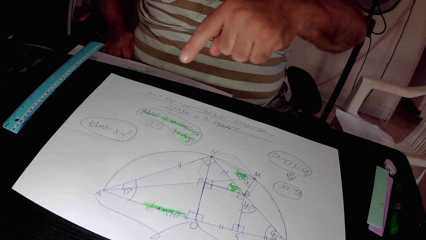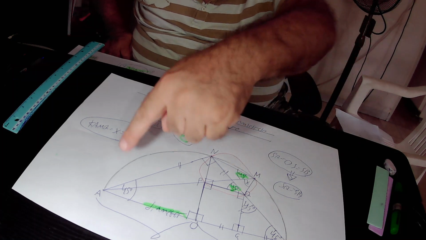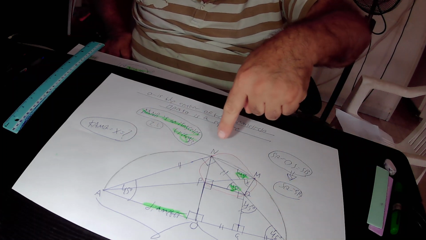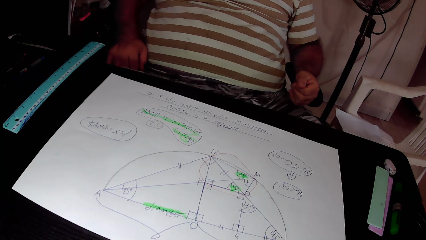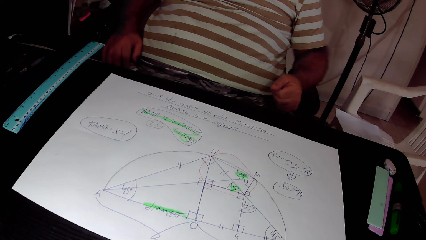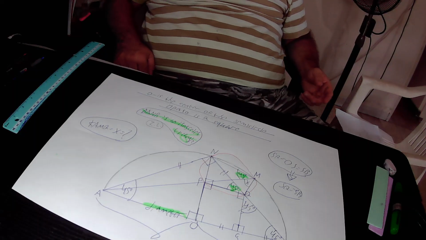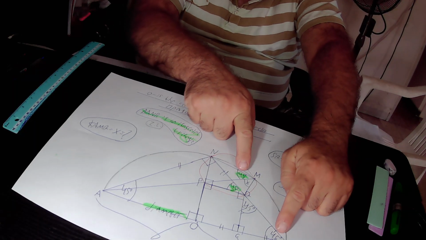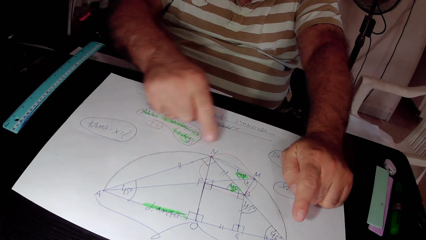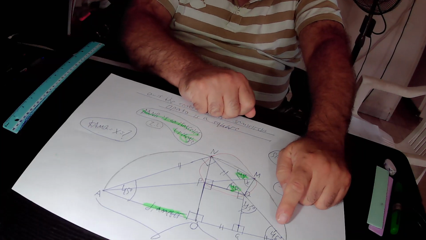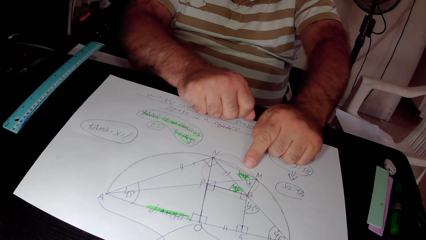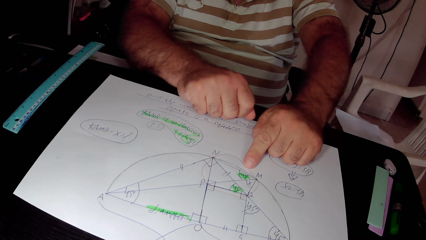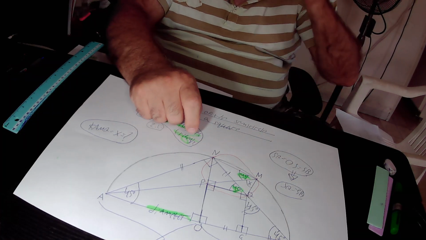Likewise, we have peripheral angle ABN, which also subtends the same chord AN. According to rule 16, if two or more peripheral angles subtend the same chord, they are equal to each other. The size of this angle is 45 degrees, and therefore the size of this angle must also equal 45 degrees, because it subtends the same chord AN.